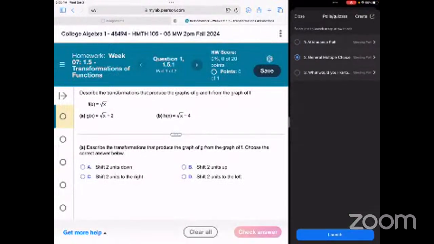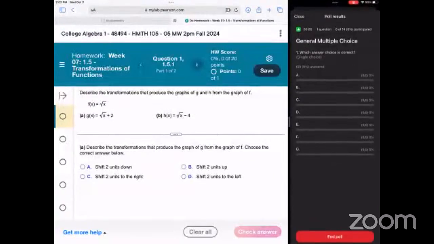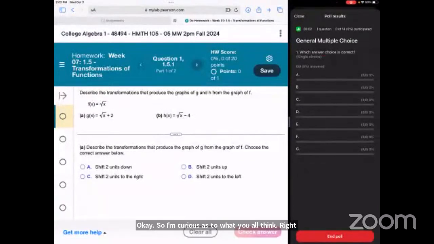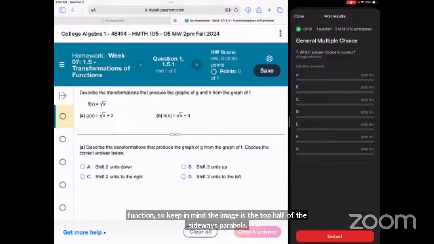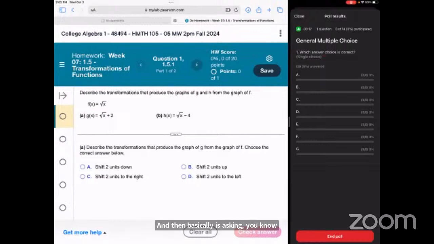Okay, so I'm curious as to what you all think, right? The parent function here is a square root function. So keep in mind that image is the top half of a sideways parabola. And then basically it's asking, what effect does this transformation have, right? So we added 2 on the outside. We got a couple that answered.